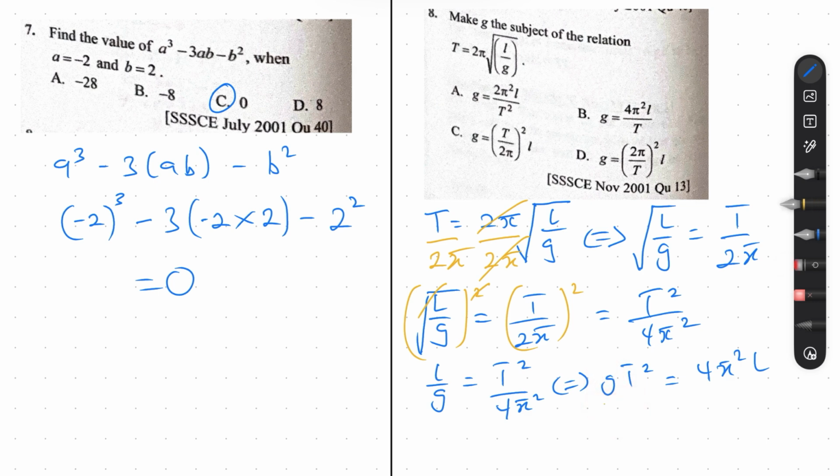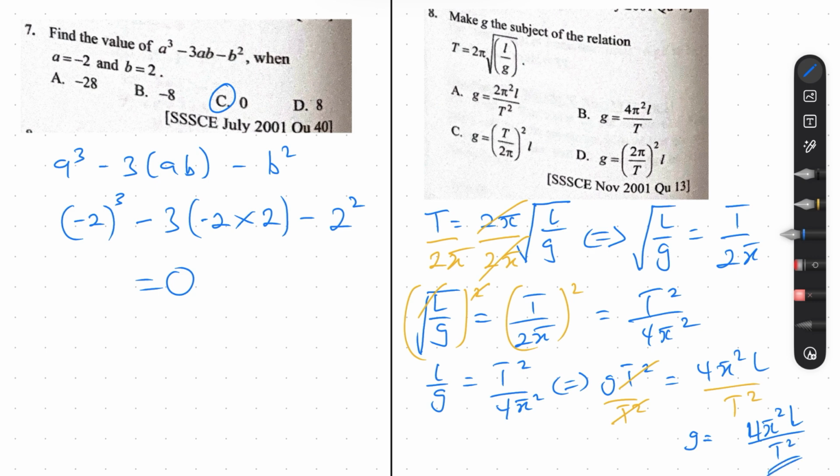So this t squared cancels this one. So our final answer is G is equal to 4 pi squared L over t squared. So that is our answer.